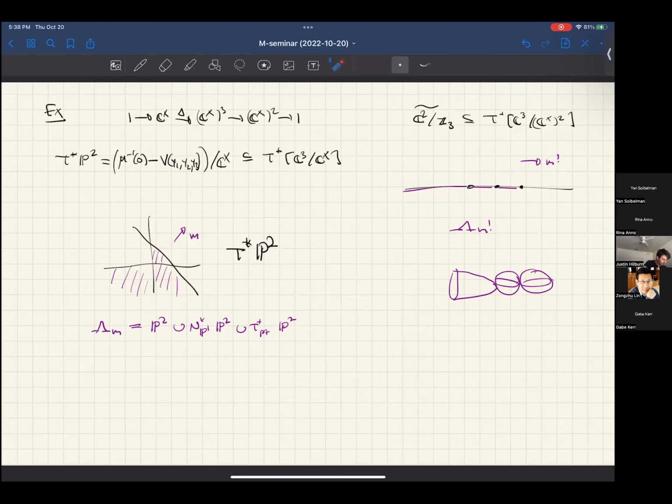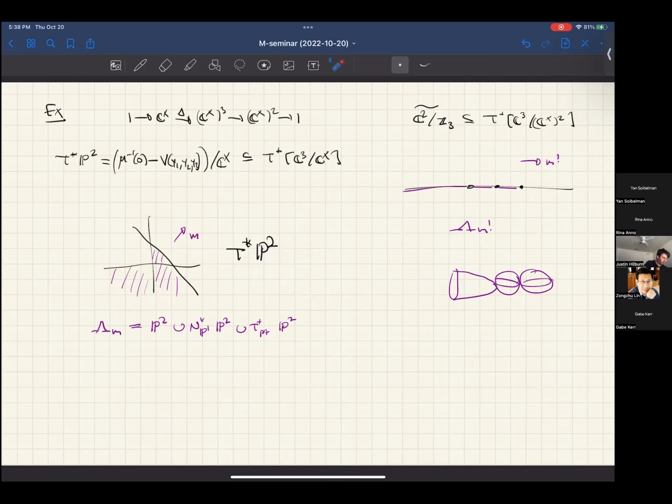This is the zero section of T*P2, this is P2. This is the conormal to a P1 inside of P2. And this one is the cotangent fiber to a point, or the conormal to a point, so that's a copy of C2. So this picture actually shows you the simple holomorphic Lagrangians inside of T*P2.